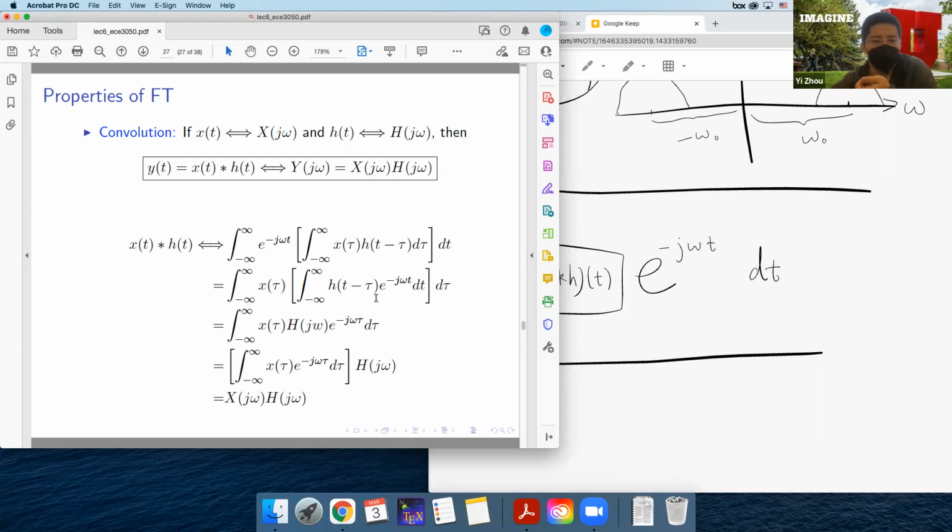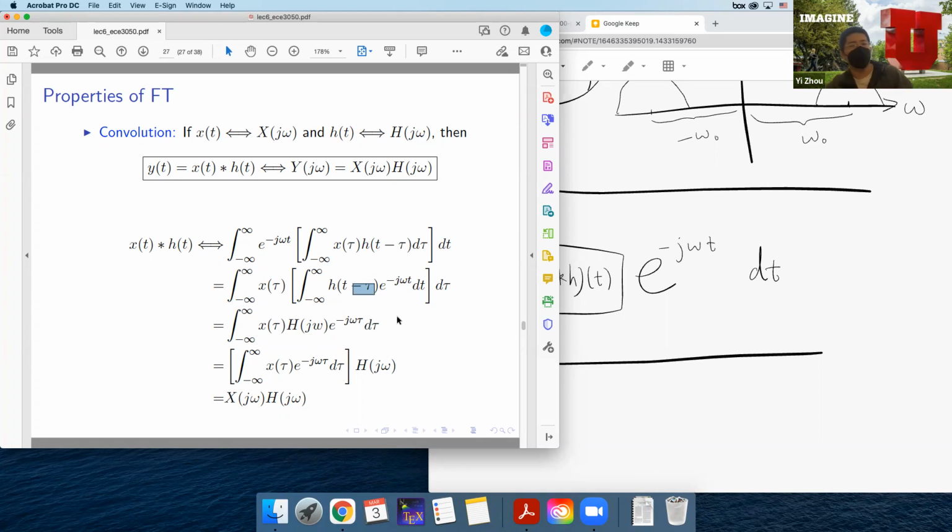And then this integration has a very special meaning. This is basically the Fourier transform of this signal. If you treat this as a signal of t, this signal multiplied by e to the negative j omega t dt is a standard definition of Fourier transform. But what is special here is that this signal is a shifted signal. We have time shift tau here.